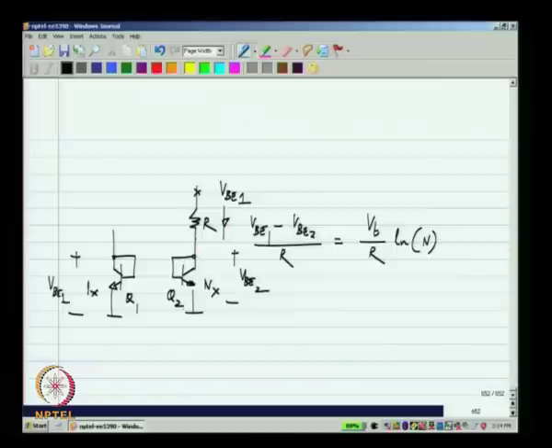Okay. So, the goal is to have VB1 over here. Okay. So, one of the ways of doing this is that we drive a current into this and continuously adjust the current until the voltage here becomes exactly VBE1. Okay.